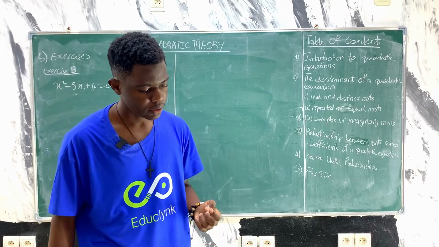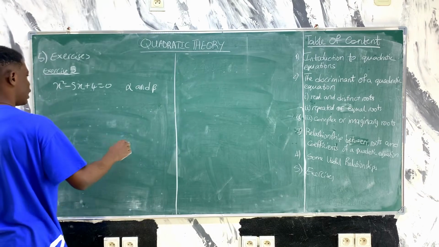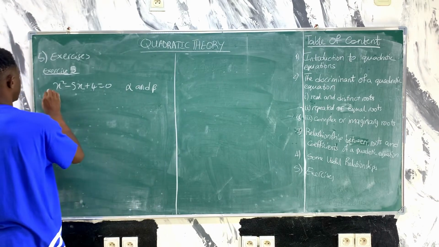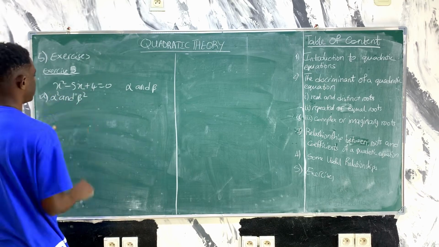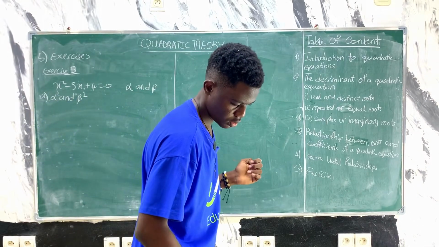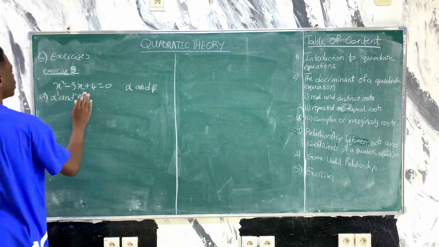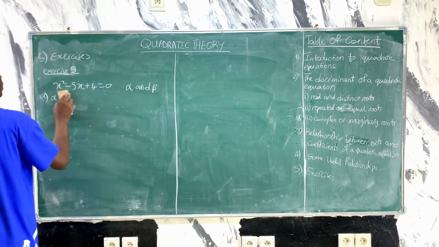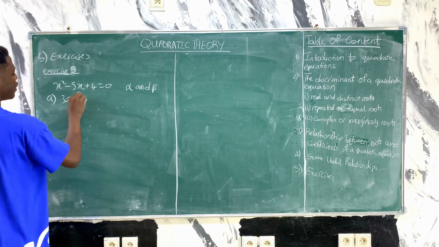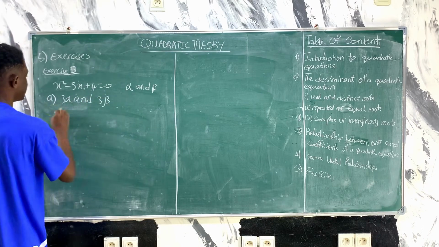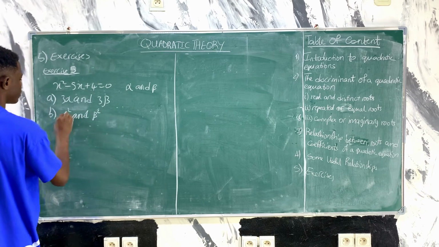Find an equation with integer coefficients whose roots are A, 3 alpha and 3 beta, B, alpha squared and beta squared. A says 3 alpha and 3 beta. B says alpha squared and beta squared.